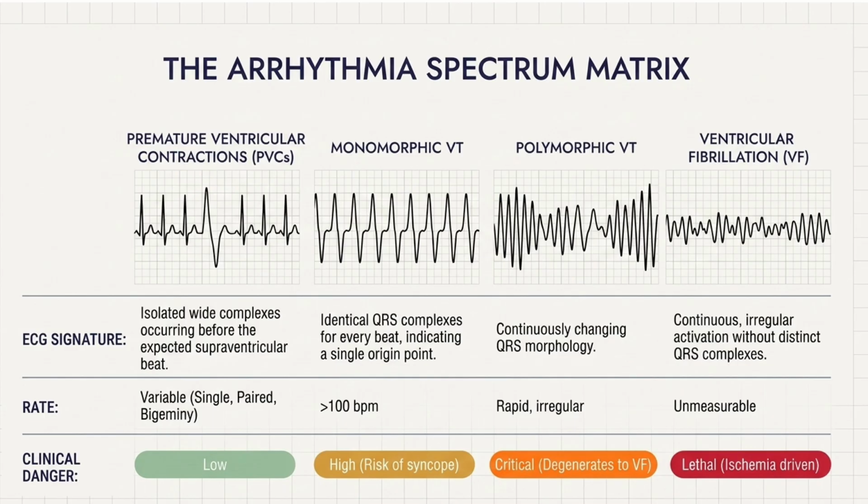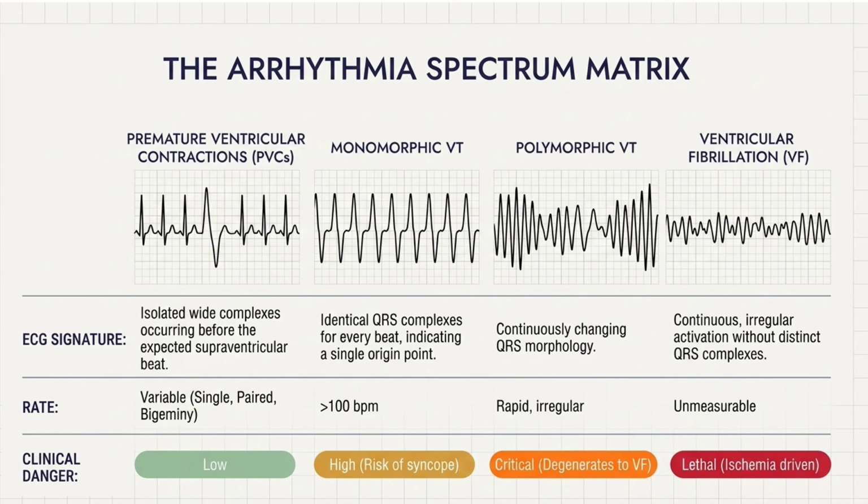We view these events on a spectrum of severity. PVCs, premature ventricular contractions, are isolated wide complexes that typically carry low clinical danger. Monomorphic VT shows identical QRS complexes, indicating a single origin point, but carries a high risk of syncope.